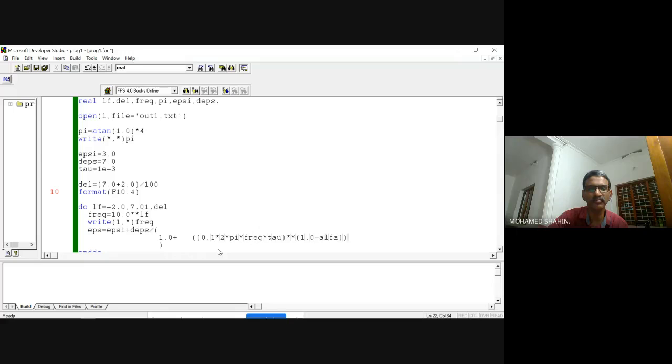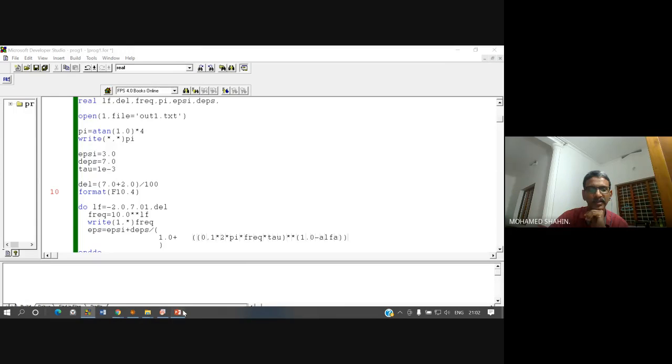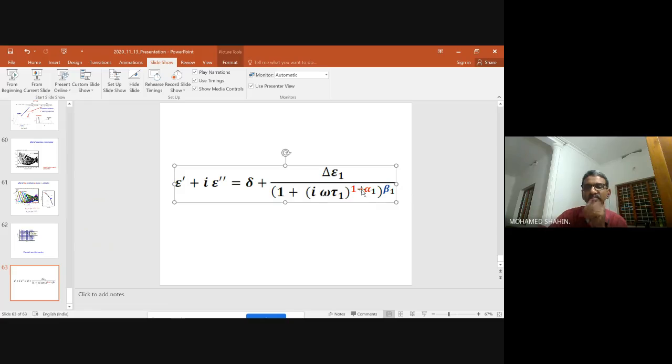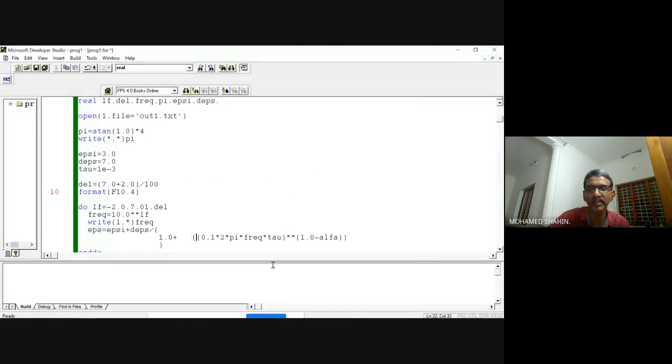Now that has been done. Now everything has to be powered to beta. Now that power is, everything is this thing. One minus alpha to the power beta.